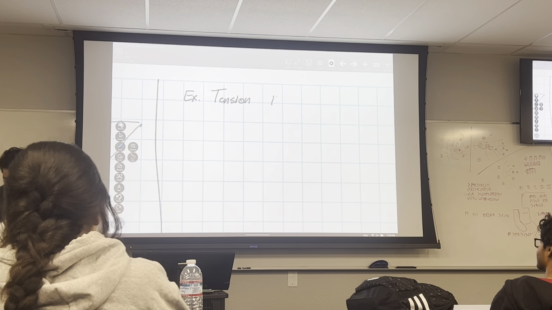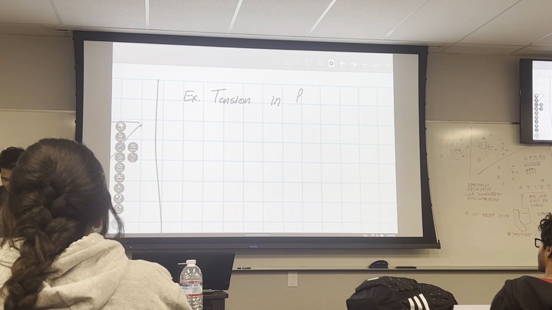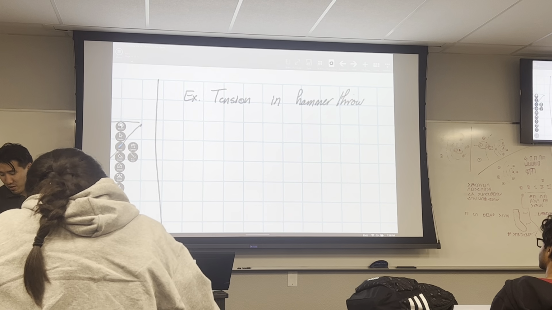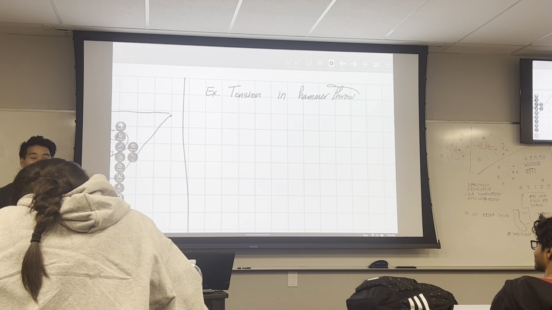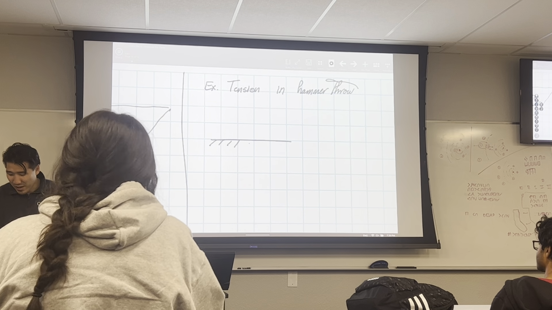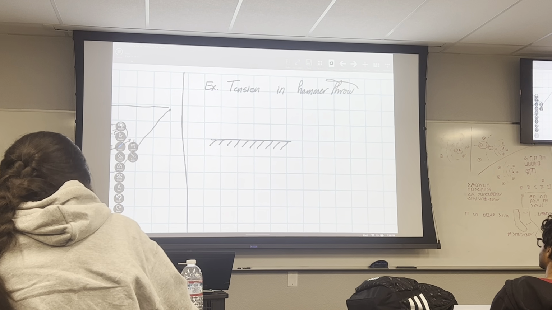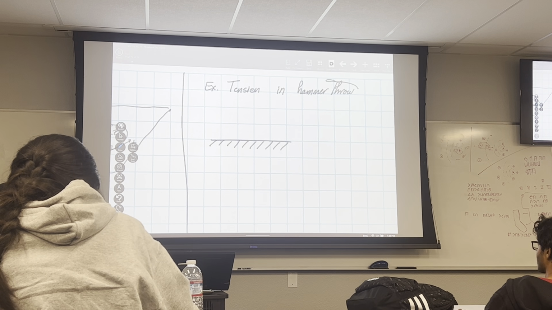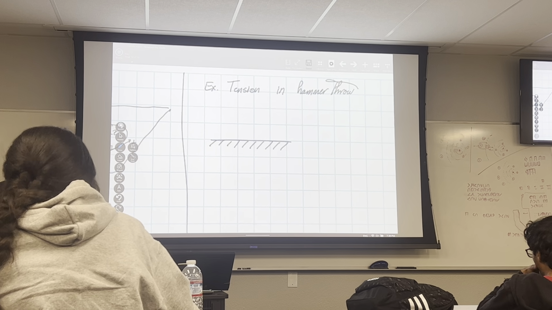All right, let's look at the tension in a hammer throw. Now the hammer throw is a traditional track and field event. Hopefully everyone knows what I'm talking about.